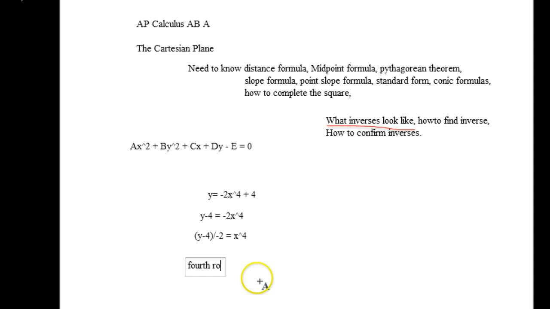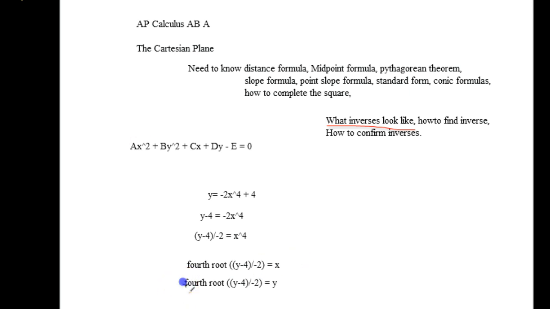So the fourth root of (y minus 4) divided by negative 2 equals x. And for your last step, just replace the x with the y. So the inverse is the fourth root of (y minus 4) divided by negative 2 equals y.